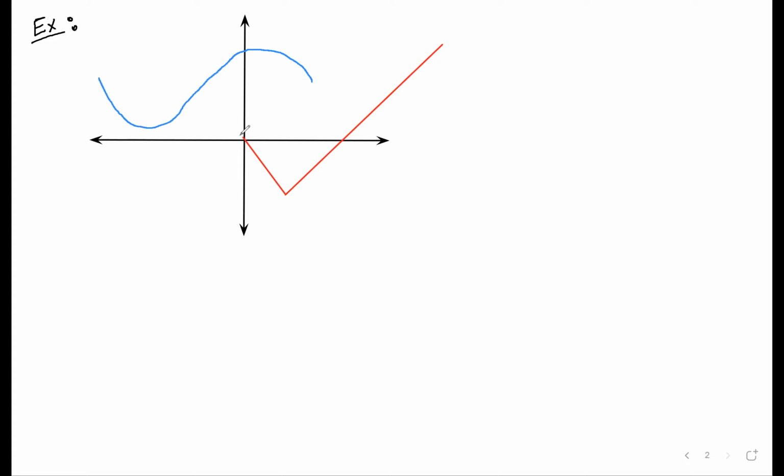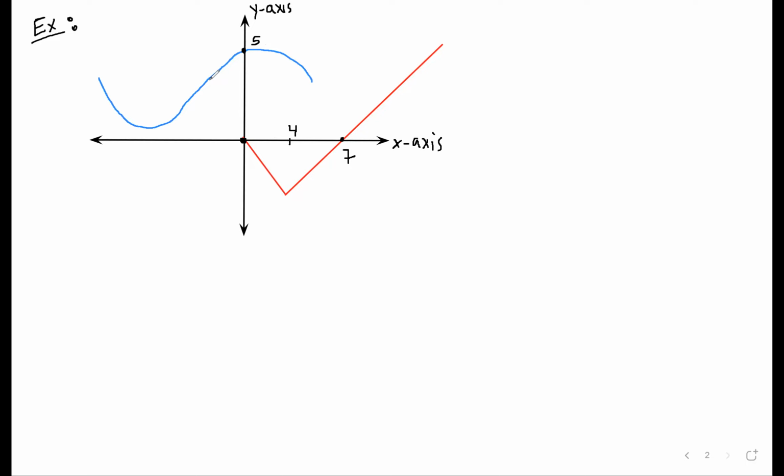So here is 0. Here's maybe, suppose, 4. Here's maybe around 7. This here is like 5. This is the y-axis. This is the x-axis.